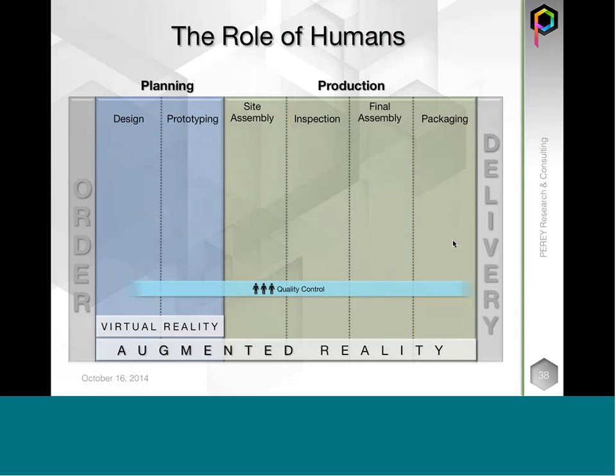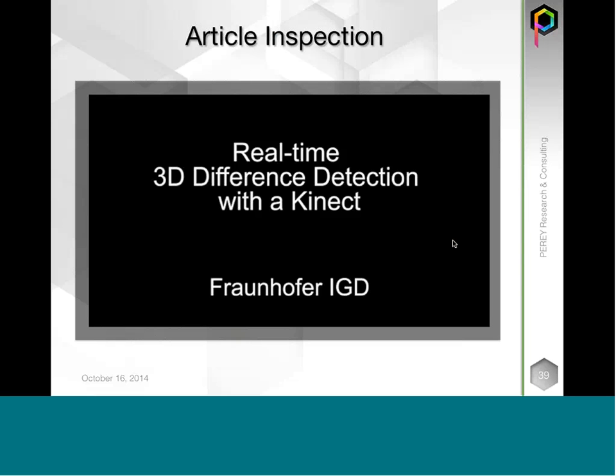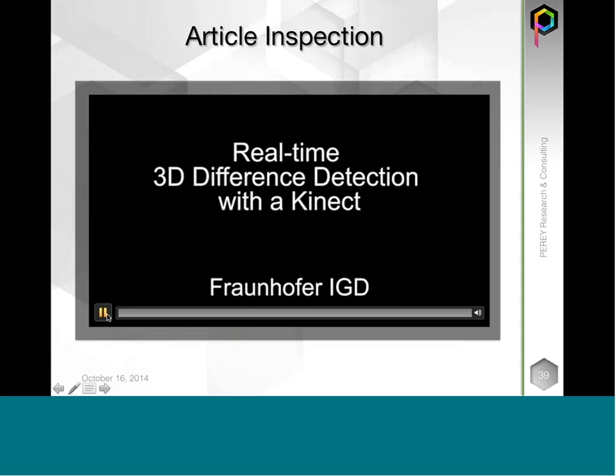So once the product has been manufactured or built, using a machine or by hand, the next step is to inspect and to make sure that the product fits the design requirements. In this video, prepared by Fraunhofer graphics group, there's several things going on. It is a cabinet with some machinery.